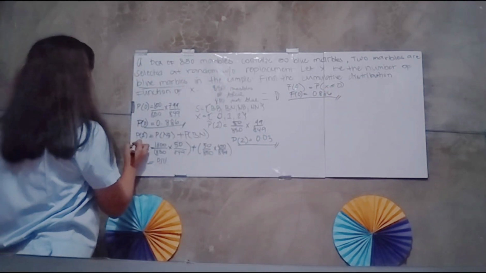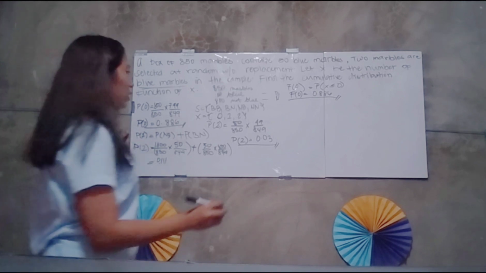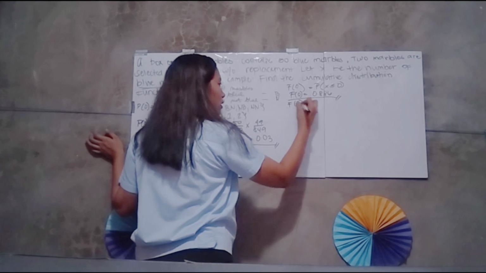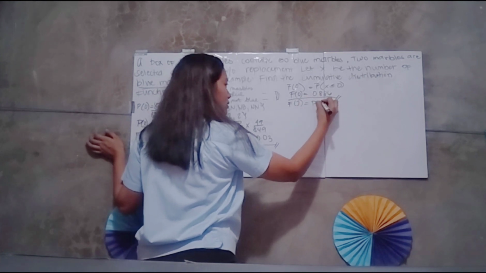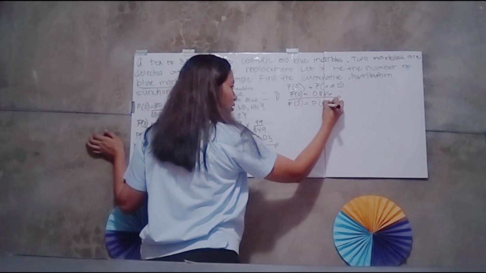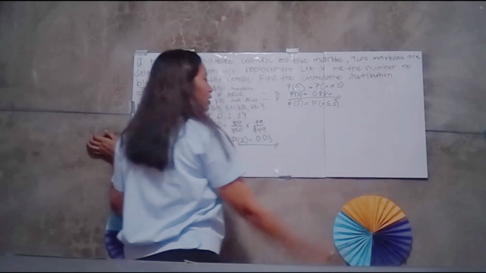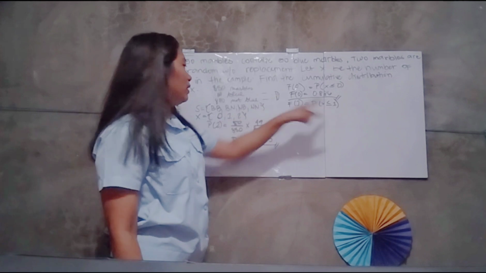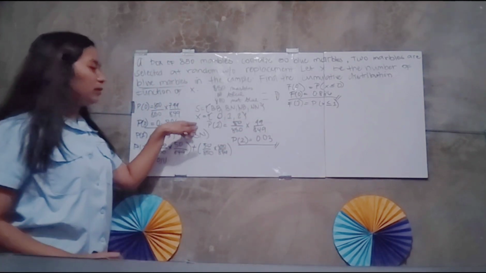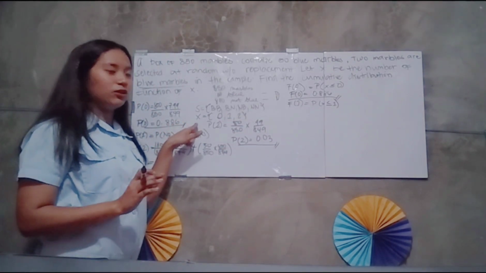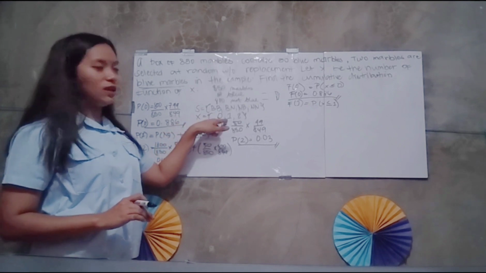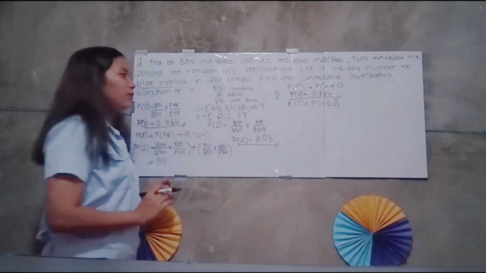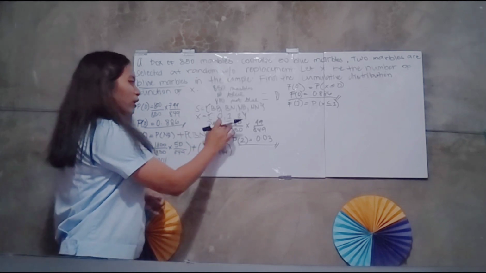Next, the cumulative distribution function of 1 is equal to P of x less than or equal to 1. So, dito, meron na tayong 1 na value. Sa ating variable, meron tayong less than or equal to 1. Meron tayong 0 at 1. So, ipag-add lang natin ang probability ng 0 and 1.